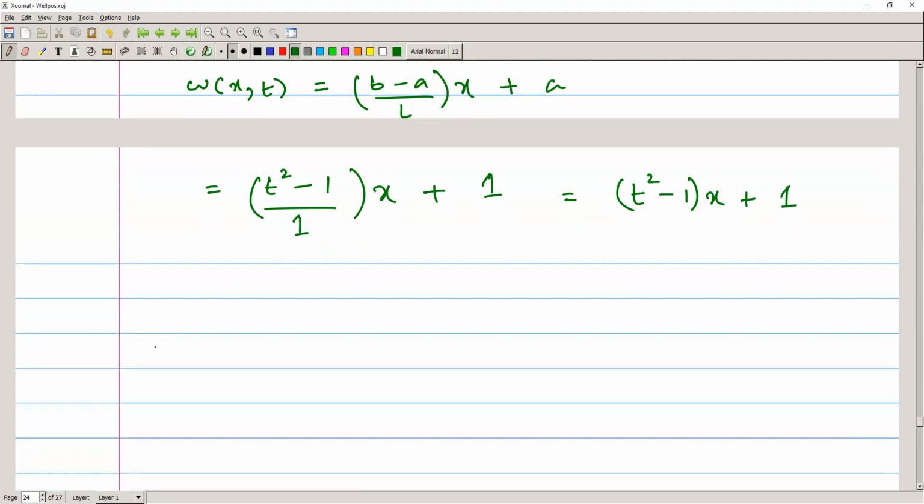All right, so here we found w of x comma t, that is this function.